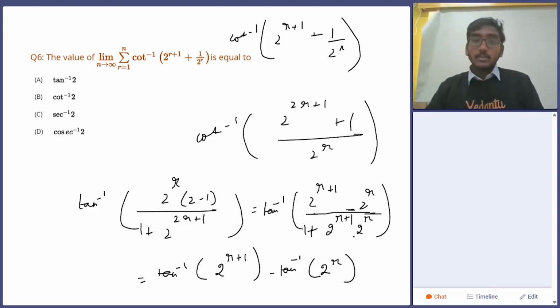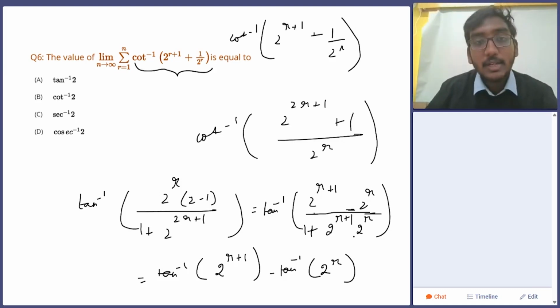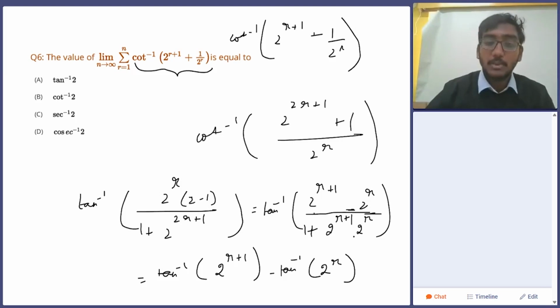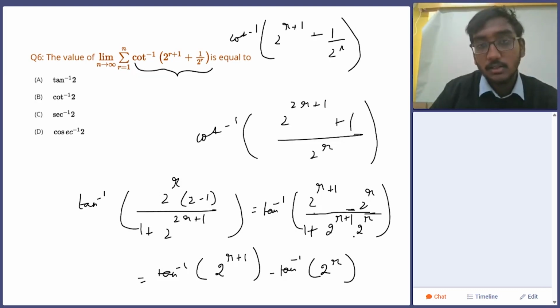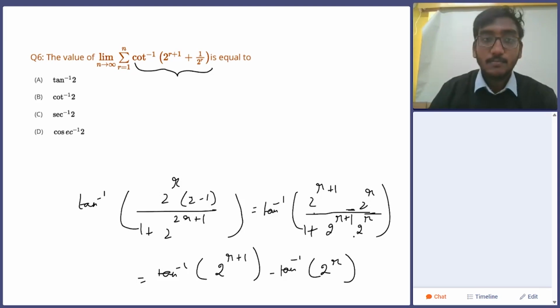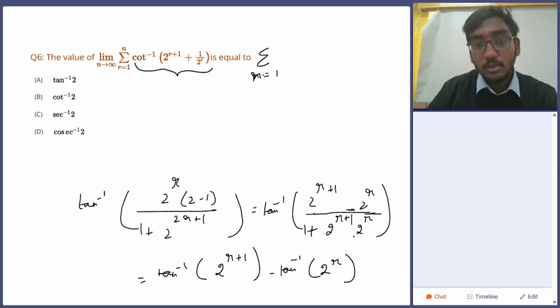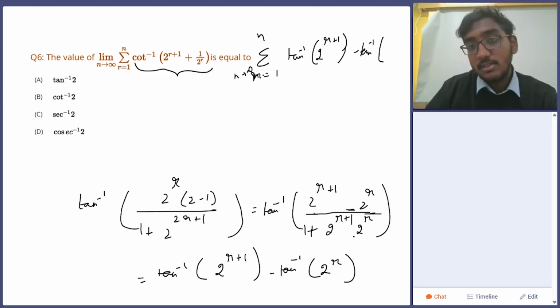Okay. So now this is the particular expression which is found in this summation, as n tends to infinity. This expression is the same as tan inverse of 2 power r plus 1 minus tan inverse of 2 power r. So basically what you have to evaluate is this summation, r equal to 1 to n as n approaches infinity, of tan inverse of 2 power r plus 1 minus tan inverse of 2 power r.